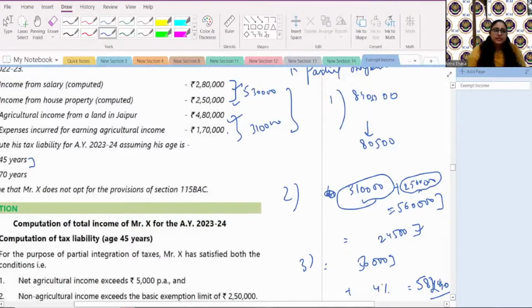So it's very easy. Identify your agricultural, non-agricultural income, calculate the tax on both, calculate the tax on agricultural and slab benefit, remove step 1, say step 2, and you will get your answer. But be very careful in choosing the right slab base.